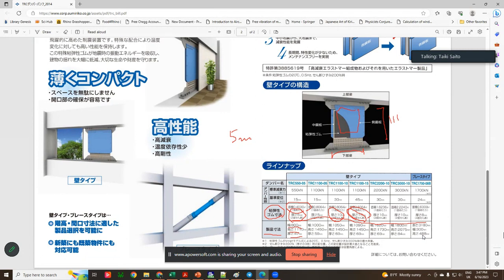So in your case, you said the area is 450 times 300, right? So this is the area of rubber. Yes, viscoelastic rubber.